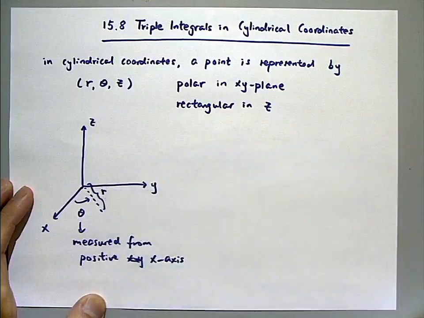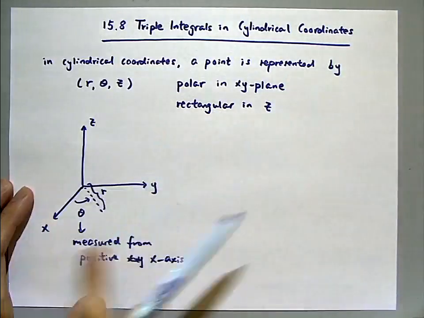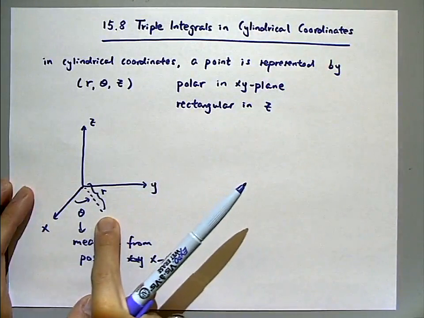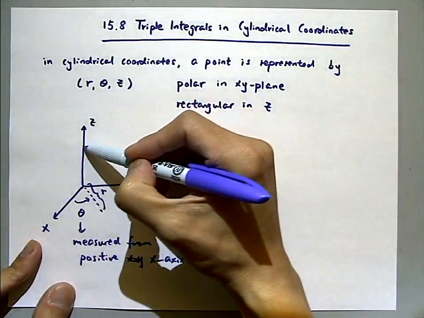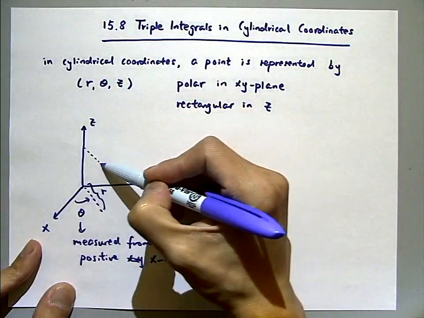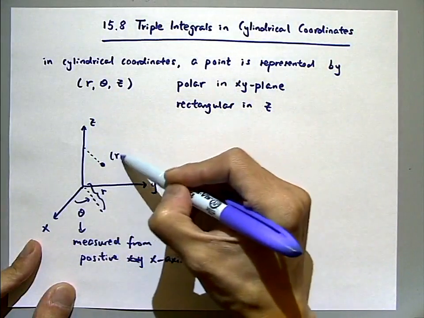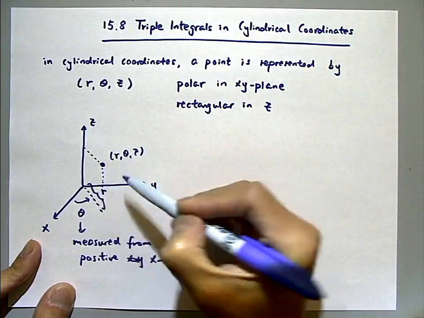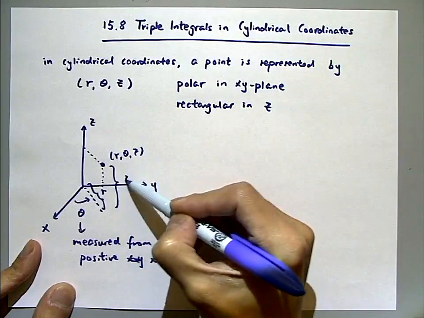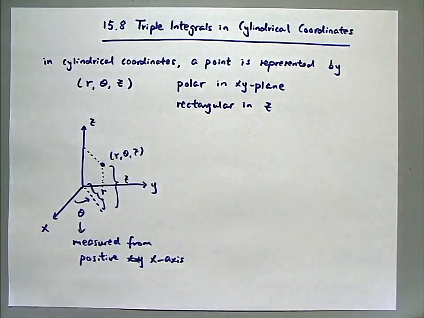So this is r, and z is just how high that point is. So now we located the shadow of that point in the xy plane. Now we go up z amounts, so the point really sits right here: r, theta, z. Polar in the xy plane, and then just a typical Cartesian height in the z direction.